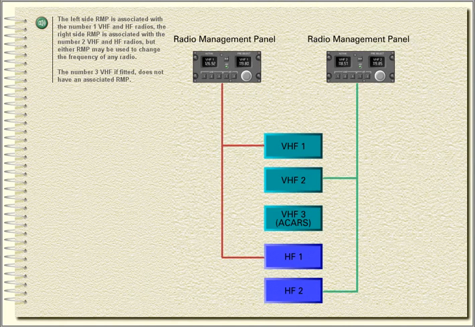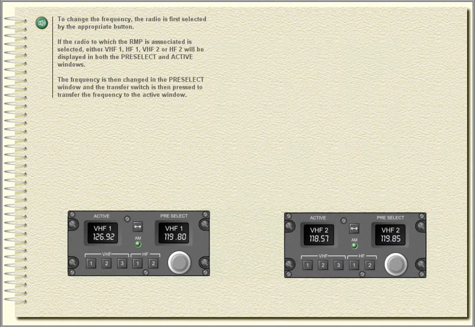The right side radio management panel is associated with the number 2 VHF and HF radios. But either radio management panel may be used to change the frequency of any radio. The number 3 VHF, if fitted, does not have an associated radio management panel.